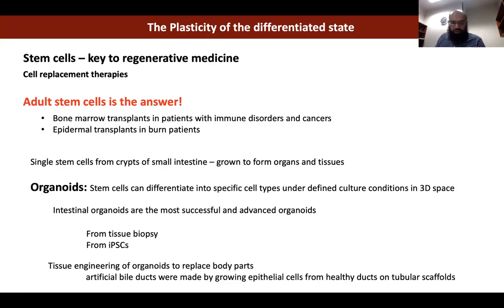It has been shown, for example, that artificial bile ducts were generated by growing epithelial cells from healthy ducts on tubular scaffolds, but also in the case of the intestine, it has been shown successfully that it can be used therapeutically.